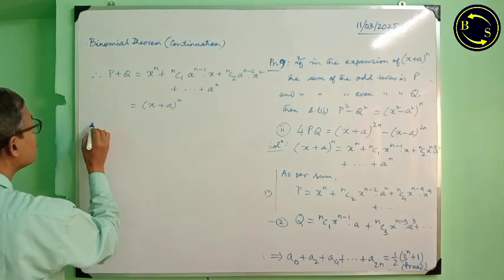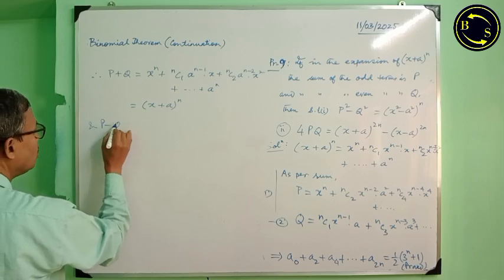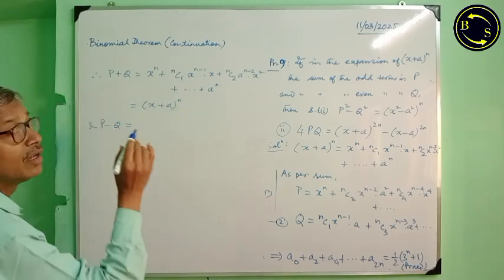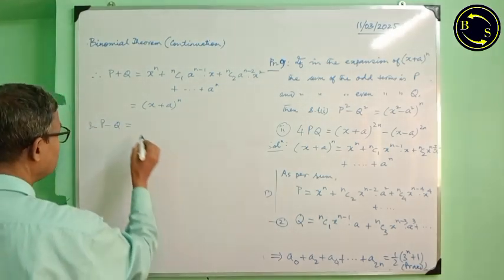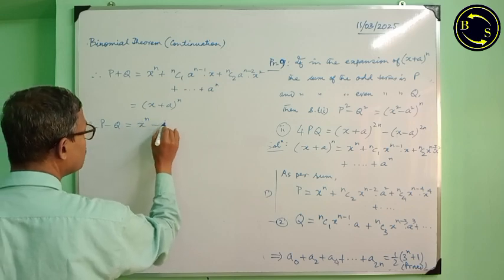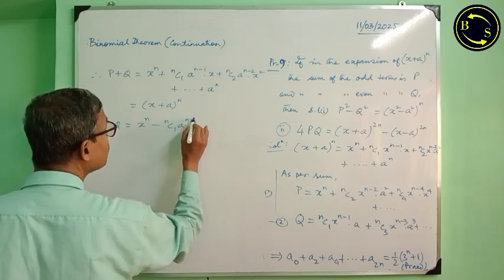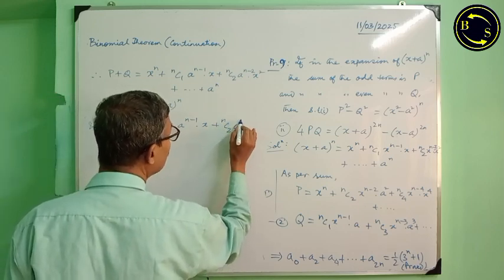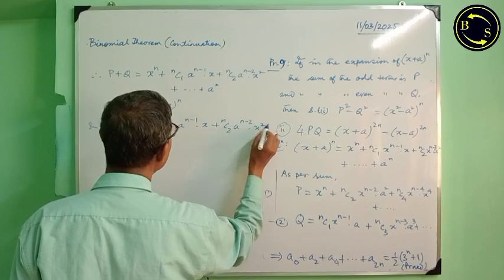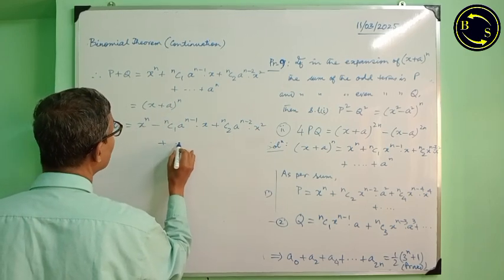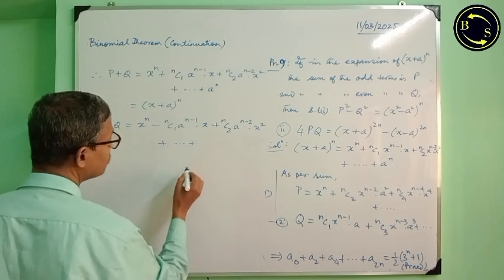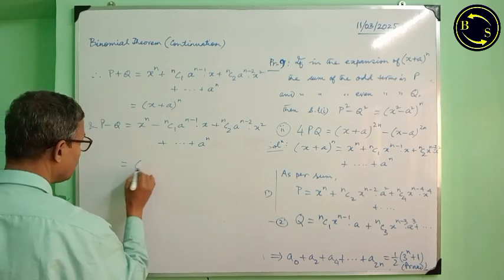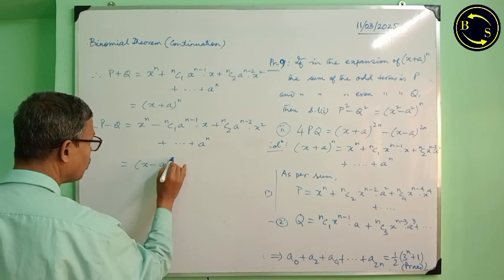Now p minus q, that will be this expression, there will be alternate sign changes. That means x to the power n minus nc1 a to the power n minus 1 x plus nc2 a to the power n minus 2 into x square plus dot dot dot plus a to the power n, that means it is x minus a whole to the power n.